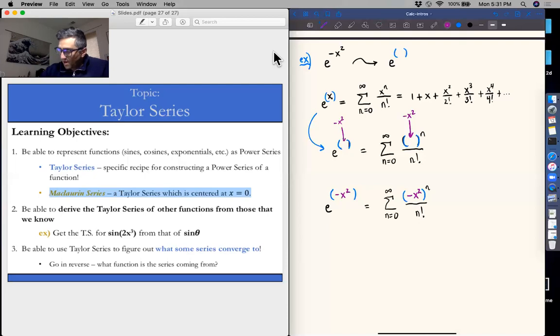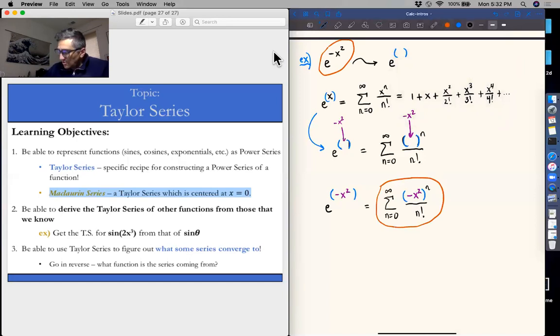So this thing on the right-hand side is actually the Maclaurin series for that function. So once we know some of these Taylor series, Maclaurin series, we can get Taylor series and Maclaurin series for similar functions based on them in a rather straightforward manner.